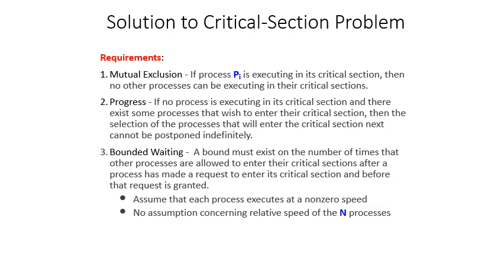Next, coming to the bounded wait. Bounded wait means that after a process makes a request for getting into the critical section, there is a limit on how many other processes can get into the critical section before this process's request is granted. After the limit is reached, the system must grant the process permission to get into its critical section.